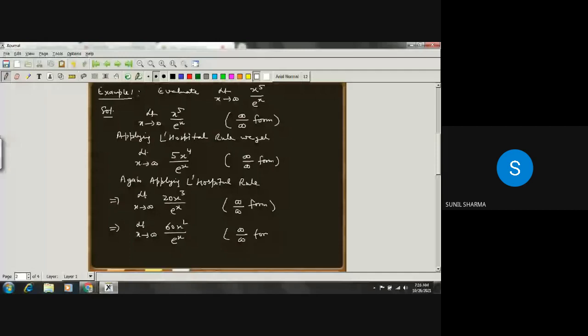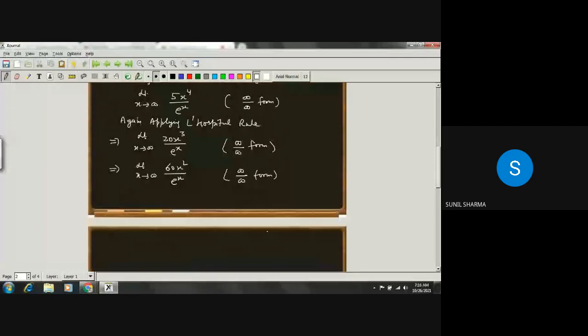Again applying the L'Hopital rule, limit x goes to infinity. What is the next step? Again apply L'Hopital's rule. 120x over e raised to power x. Again it is infinite by infinite form.